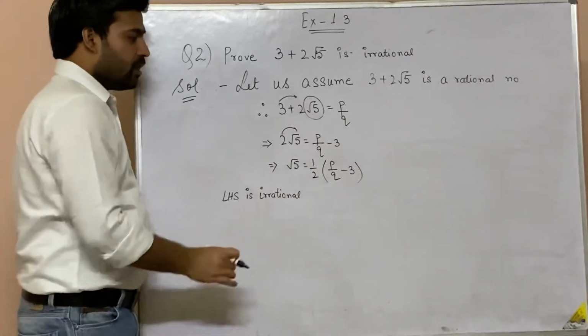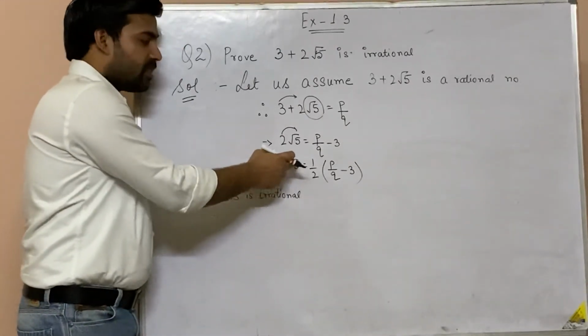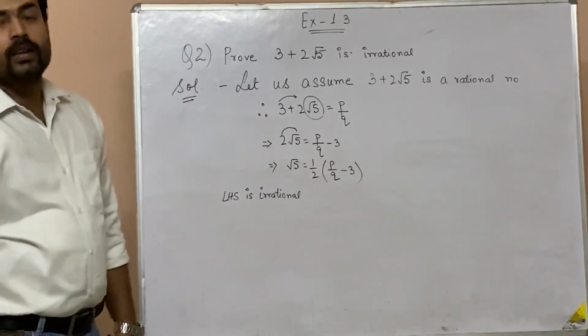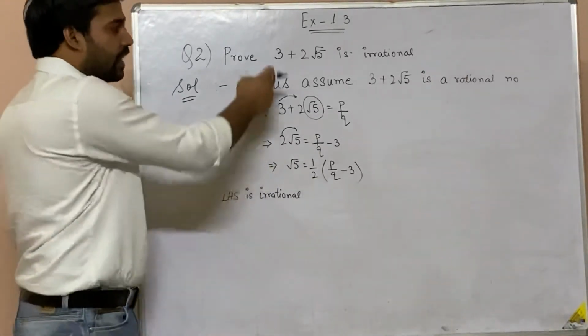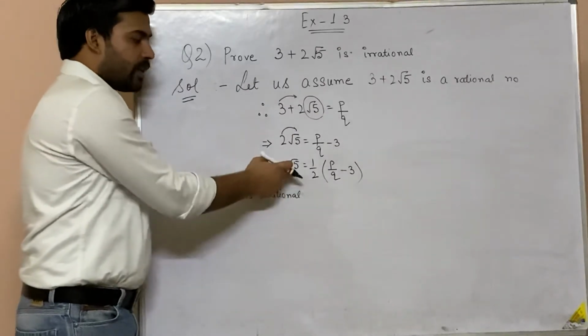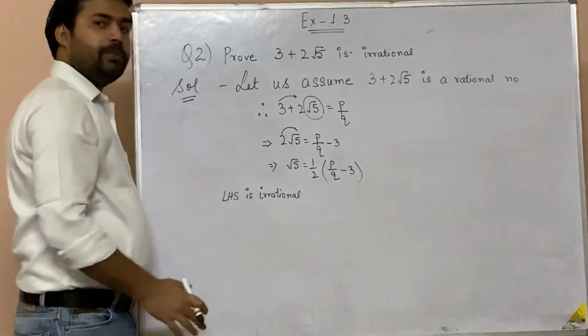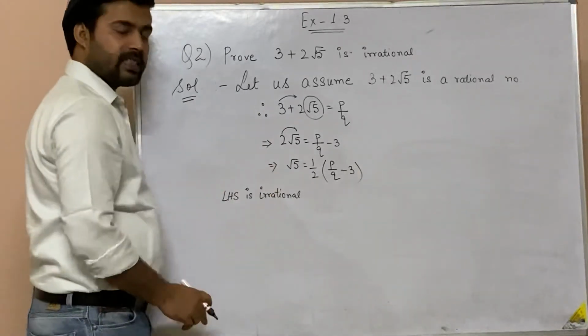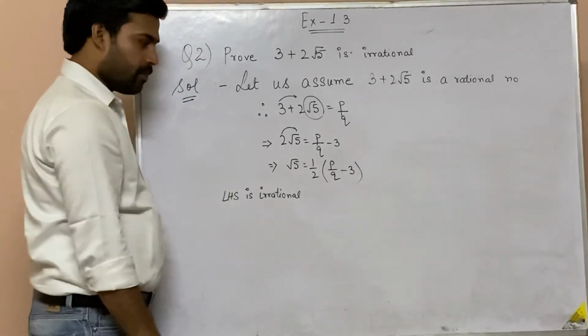In that case, you can directly take that square root as an irrational number. Again, I am repeating, for these kinds of questions, you can take the square root directly to be an irrational number. So LHS is irrational, you will write it down directly.